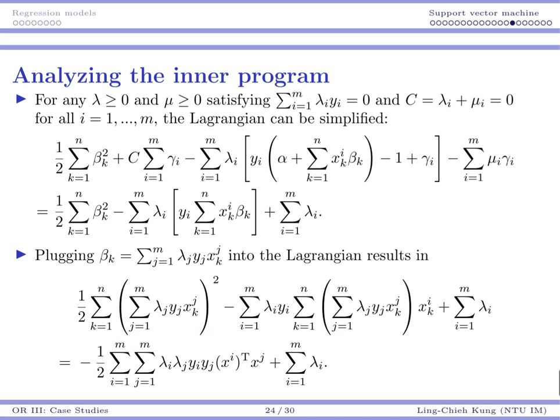After careful arithmetic, you're going to get this one. I don't have time here to do all the derivations for you because it's high school arithmetic, so please try it by yourself. It's of course not a weird thing, just some arithmetic. Here you may see we have lambda multiplying each other, y multiplying each other, and x multiplying each other, some kind of symmetry.